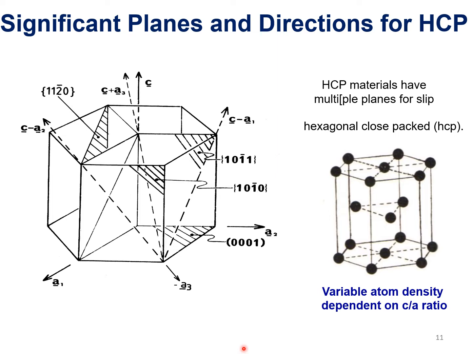So here's a better, three-dimensional image of the hexagonal close-packed cell. Those last two slides, we were looking down this axis. We're looking down along the c-axis. So now we're going to bring it into 3 dimensions.